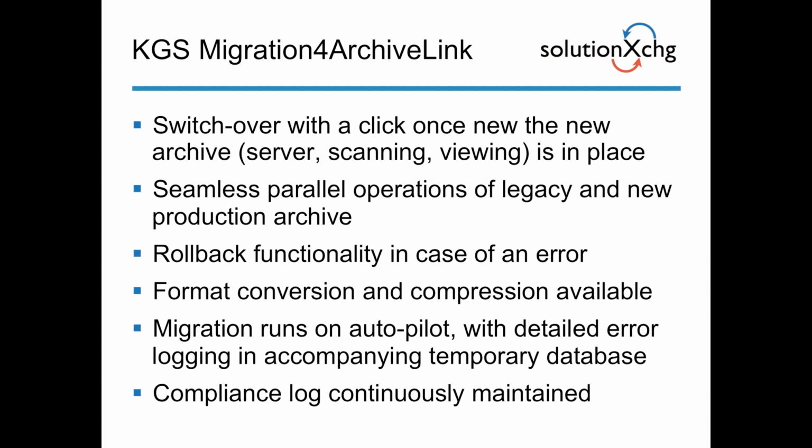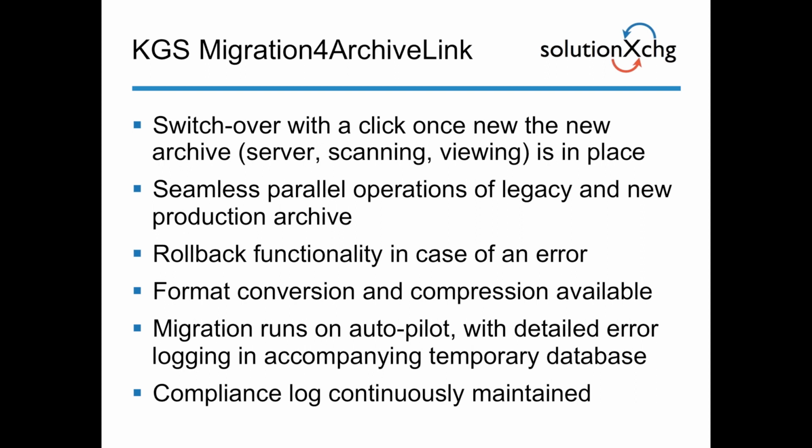The KGS Migration for Archive Link includes a proxy functionality that brokers requests between the legacy and the new production archive, and has the capability to switch over to the new archive early on in the project before you even start a migration, and then continue feeding documents from the legacy system into the new target system.